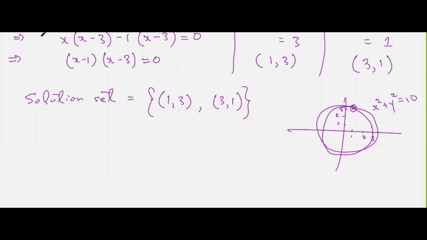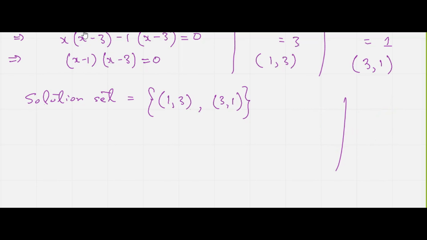I think I must use a Desmos calculator instead of drawing it on my own part, so that will be much better to get a nice sketch. So like this, just hang on.